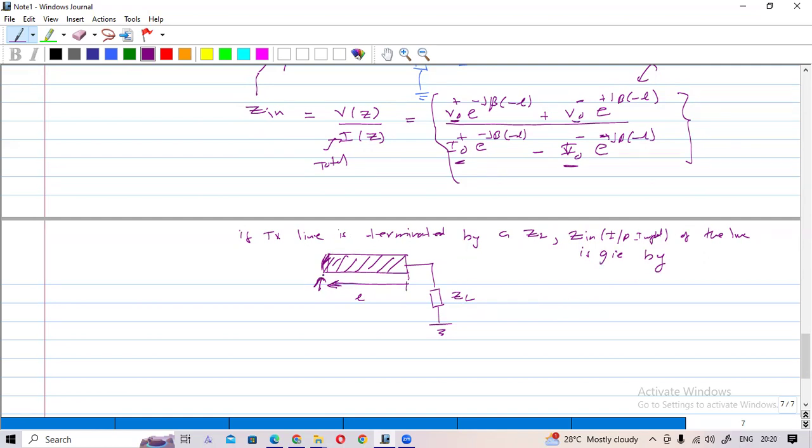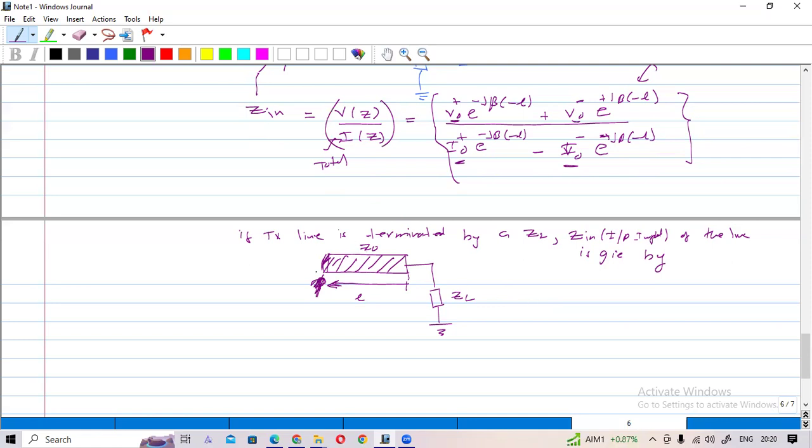the impedance at this point is not the characteristic impedance. The characteristic impedance is the same below. This is the total impedance, VZ divided by IZ. Don't get confused with Z0.